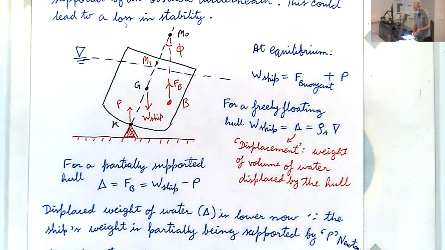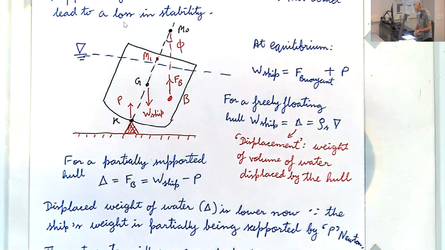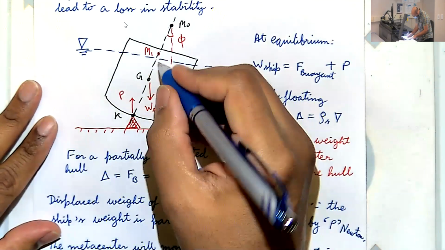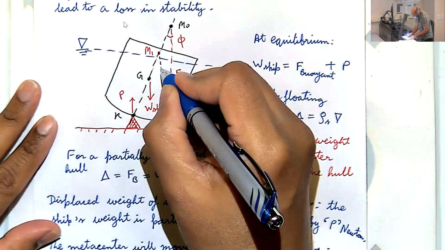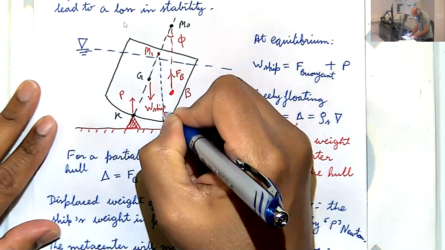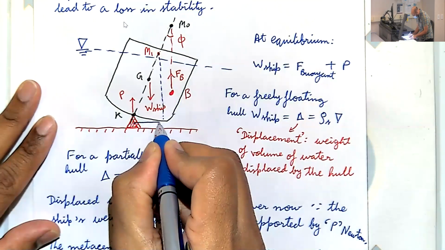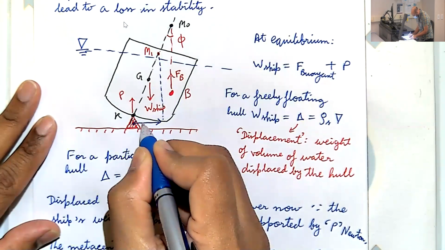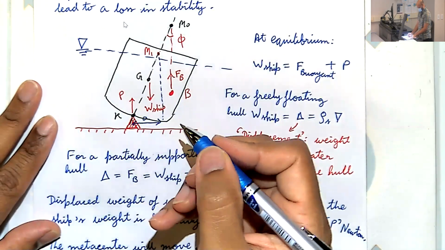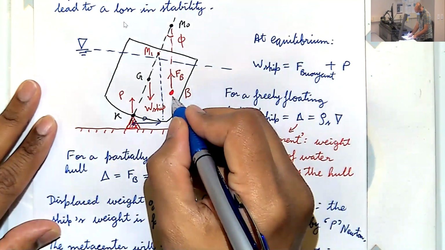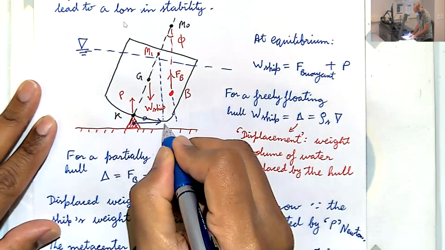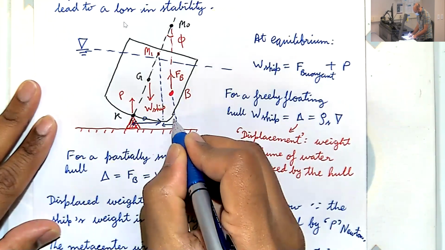Okay, so now let's drop a vertical from here and call this distance little a, and this other vertical, let's call this distance little b.